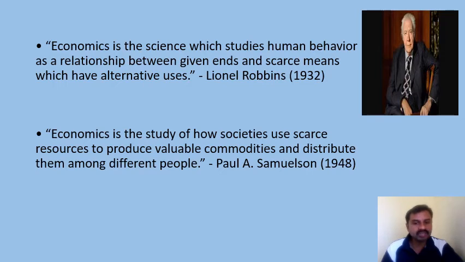Then we move on towards another important definition, which is given by Paul A. Samuelson. Economics is a study of how society uses scarce resources to produce valuable commodities and distribute them among different people. So let us analyze it for a few minutes.